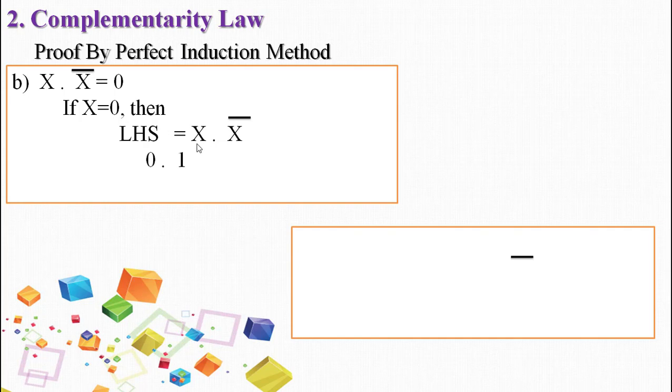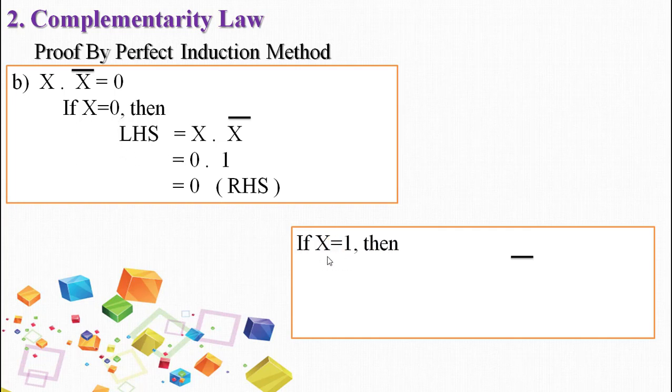So x will be 0 and x bar will be 1, that is the complemented value of x whatever you have assumed. 0 multiplied by anything is 0, so the resultant will be 0, which satisfies the RHS value. So hence we have proved the value of RHS with Boolean variable x having a value of 0.